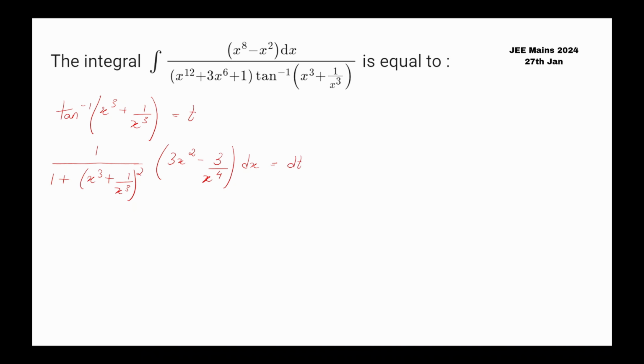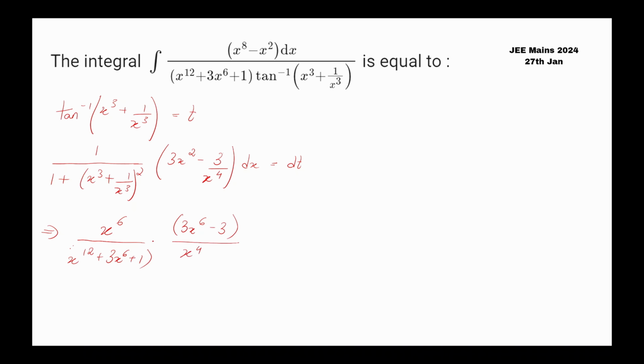Now what if I take x to the power 4 as LCM, and then I'll take x to the power 3 here as well. So ultimately this would become x to the power 6 divided by x to the power 12 plus 3x to the power 6 plus 1, into 3x to the power 6 minus 3 upon x to the power 4.